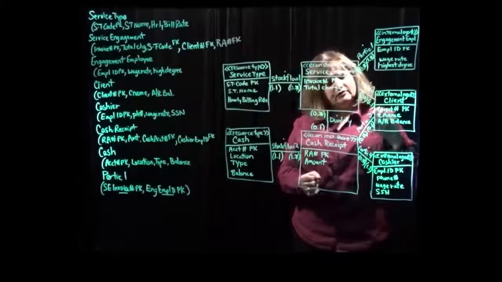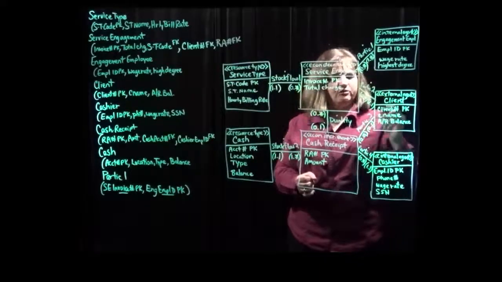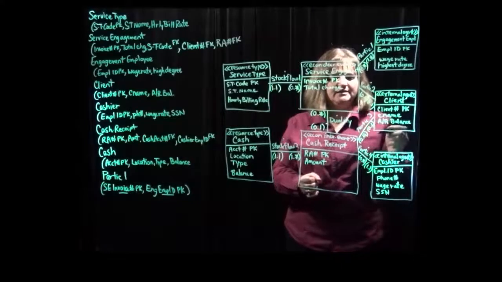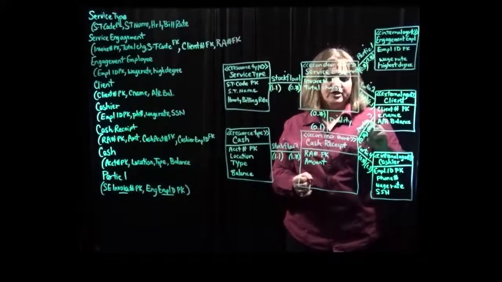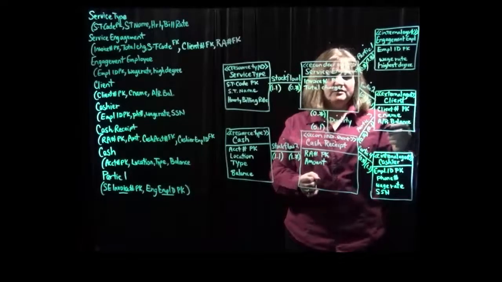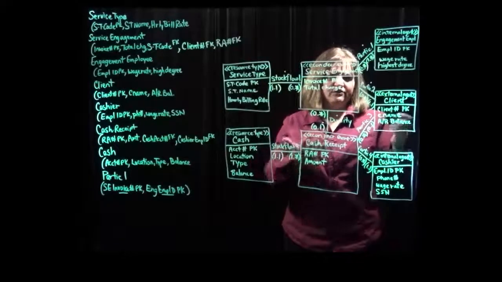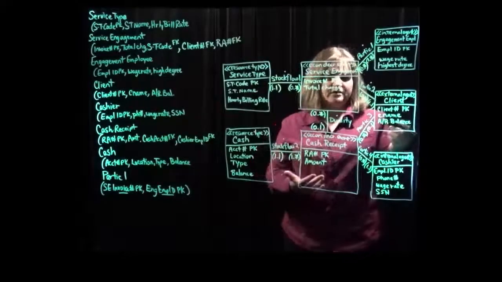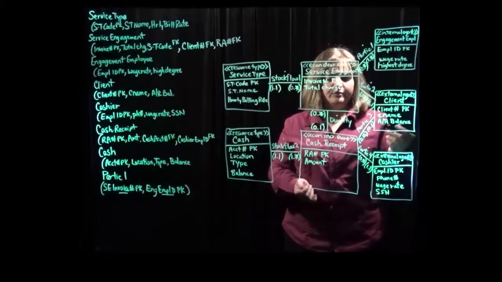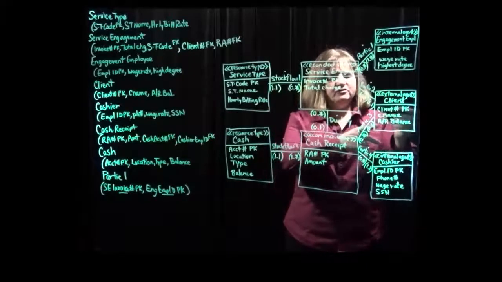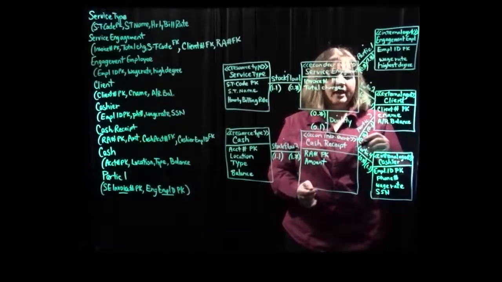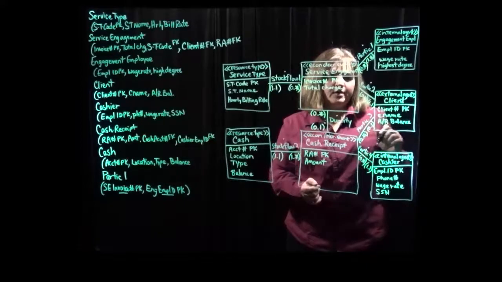Now the last relationship remaining is participation 3 between client and cash receipt. Again, we cannot post cash receipt into client because as soon as we receive a second cash receipt from the same client, we would have no place to put it without causing a repeating group. On the other hand, if we post client ID into the cash receipt table, we'll only have a maximum of 1 value to fill. We'll have some null values.